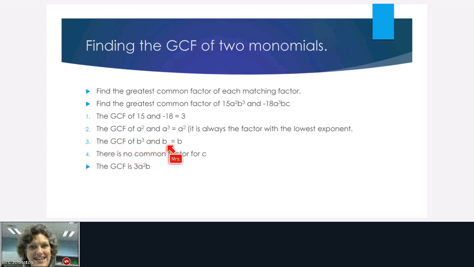We've got b cubed and b. B to the 1 power is the lowest one, so the greatest common factor is b. And there's no common factor for c's because it only occurs in one of the terms. So the GCF of this problem is 3a squared b. Both of these terms, or both of these monomials, can be divided evenly by 3a squared b.